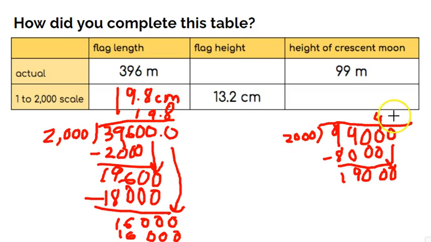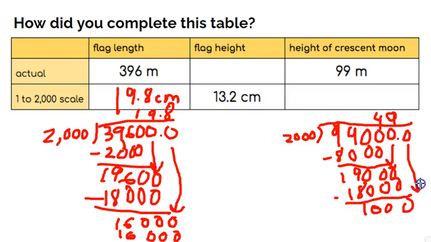$2,000 go into 19,000, 9 times. And comes down again. It's going to go 5. That'll give us 10,000 to get rid of that.